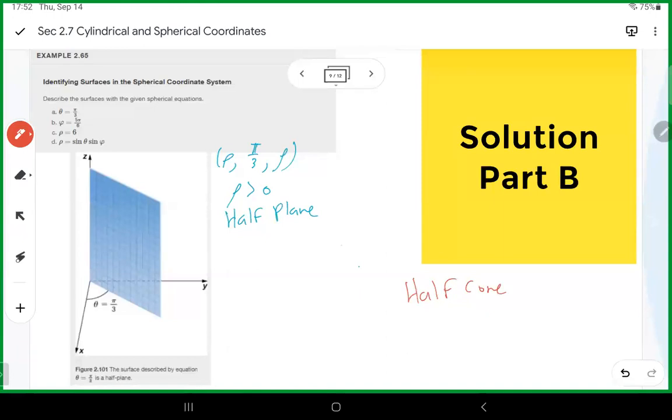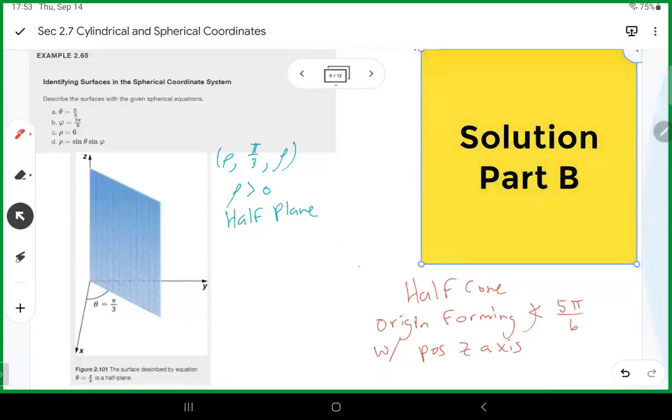So it's from the origin forming angle 5 pi over 6 with the positive z-axis. All right, and I'll show you what that looks like.